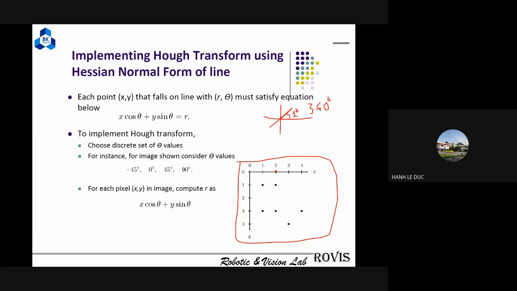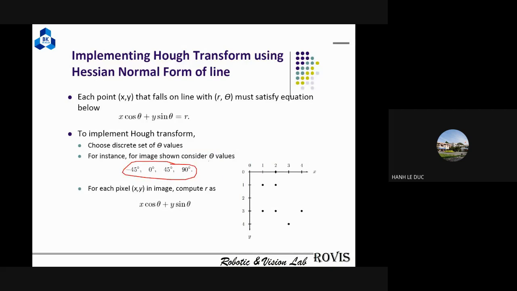So I just give you some values of theta. Actually, you have to vary the value from minus 180 to 180, but I know that just some theta values here will form a line. So I just ask you to do this one. Okay, so let's do it.